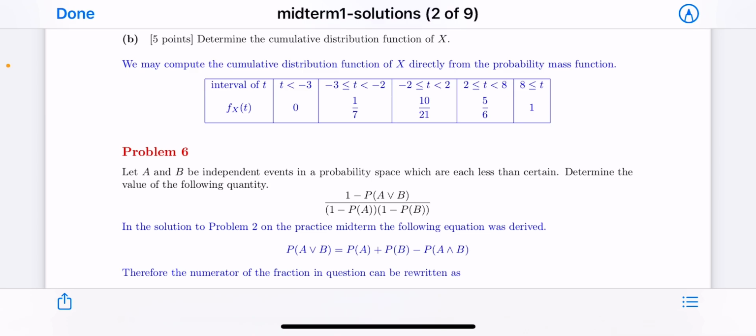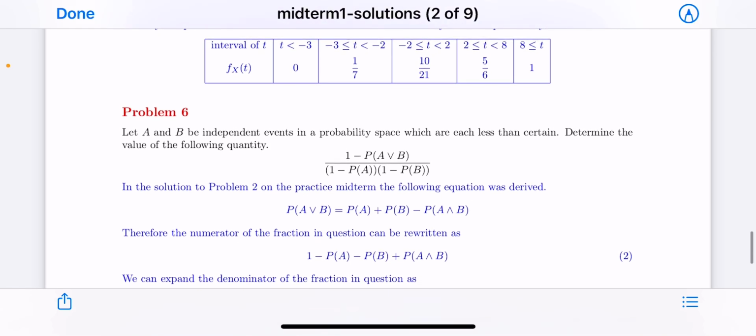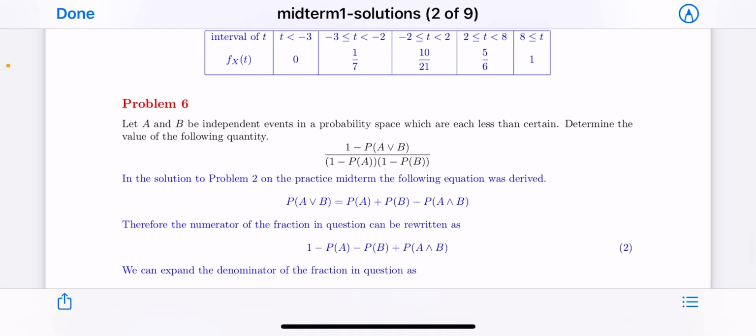So now that I have this equation, I can rewrite the numerator of the fraction as 1 minus the probability of A minus the probability of B plus the probability of A and B. And so this is good, or at least it looks good because now I have a conjunction.